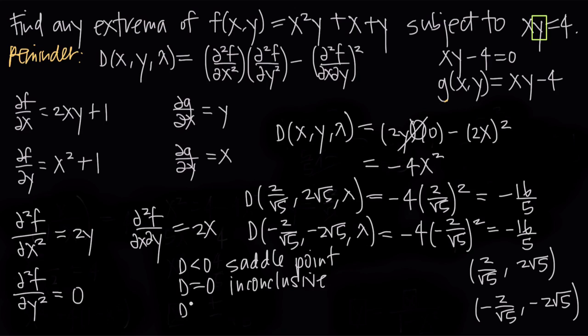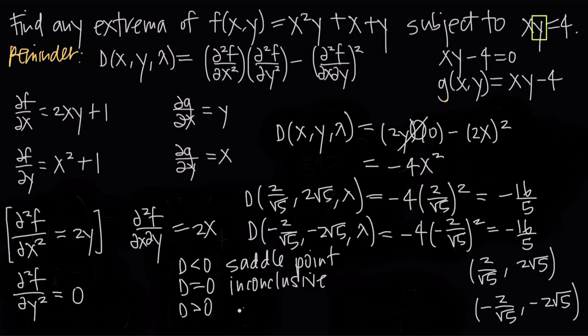And then if D is positive or greater than 0, we have to go back and look at the second order partial derivative with respect to x. So that would be this value right here. We would evaluate this expression 2y at the same critical points. And then depending on that result, we would say that the critical point represented a local maximum or a local minimum.